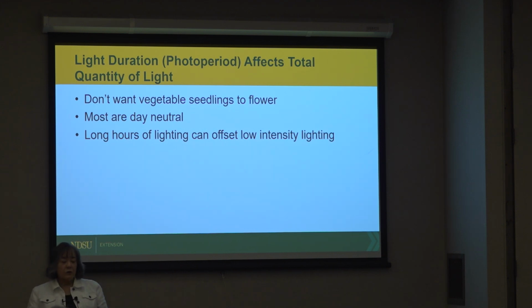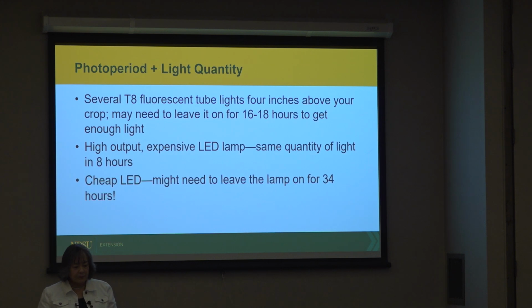So longer hours of lighting can offset lower intensity lighting. To put this in perspective, say you've got 4 T8 fluorescent tube lights growing 4 or 5 inches above your crop. You may need to leave the light on for 16 or 18 hours per day to get enough light.